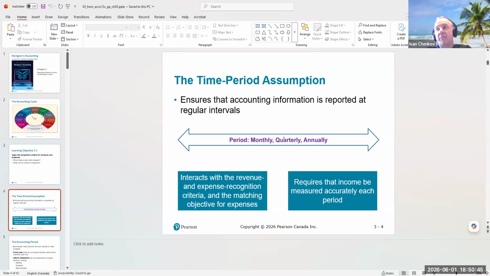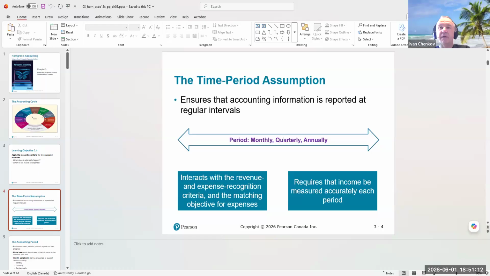When the transaction happens, we think about whether the revenue or expense has actually happened. If that happened, then we recognize the revenue, and then we recognize the expenses. The second event is realization. What is realization? Realization is when the cash is exchanged.